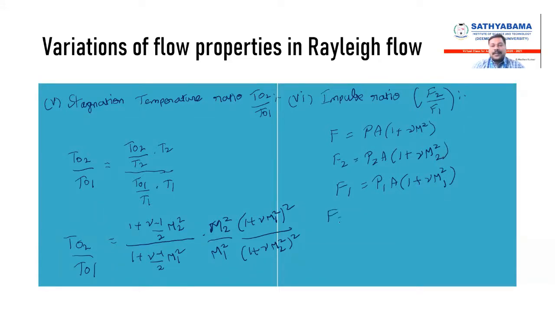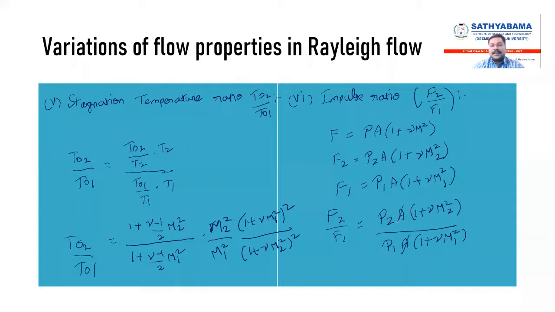Now we are going to find F2 by F1. So F2 by F1 is equal to P2 A 1 plus gamma M2 square divided by P1 A 1 plus gamma M1 square.